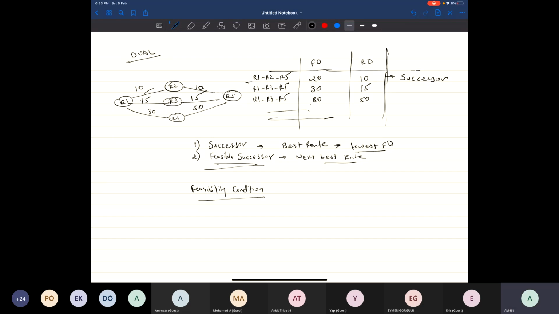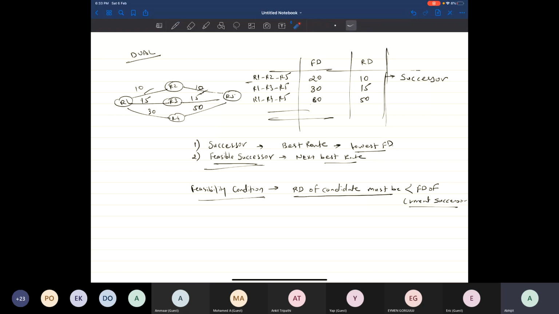Feasibility condition means that in order to become a feasible successor, the RD of the candidate must be lower than the FD of the current successor. Understand this very well. In order for a route to become a feasible successor, the RD, or the reported distance, of the candidate route must be less than the FD of the current successor.